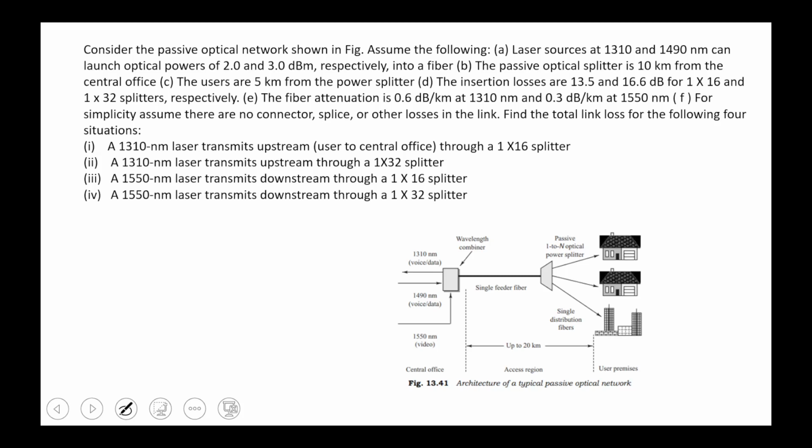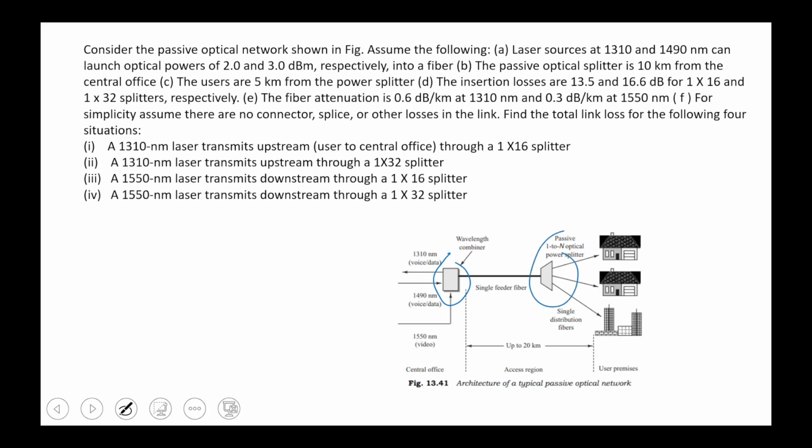So you have to consider the passive optical network that you saw: there is a wavelength combiner and two signal data. One laser source is 1310 nanometer, another is 1490, and another is 1550 nanometer. So this is the data wavelength combiner, and then the optical passive network is there.